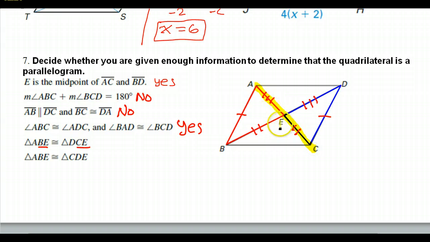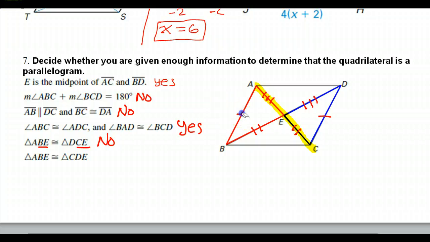But if you look at point E as the potential midpoint, the left side of it has 3 marks. The right side of it has 2 marks. So these sides are not congruent. So that means E does not need to be the midpoint, so it's not bisecting. Same thing looking the other way. We have 2 marks and 3 marks. Those aren't the same. So E is not the midpoint. So the diagonals are not bisecting. And that was the only one that had a chance. So this is going to be a no.